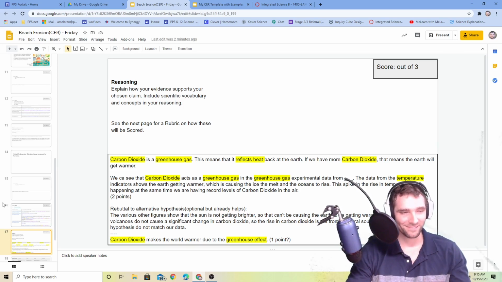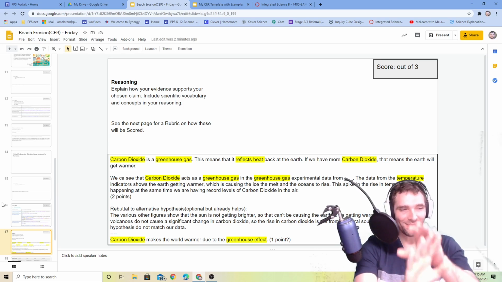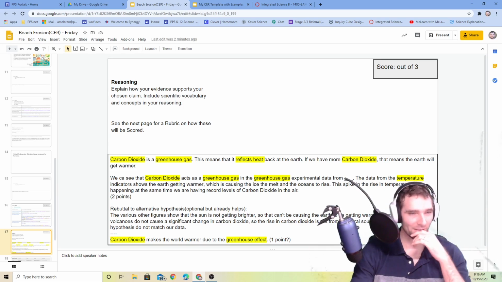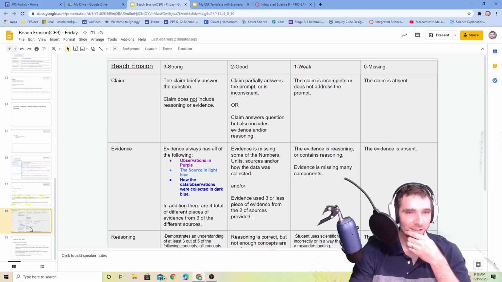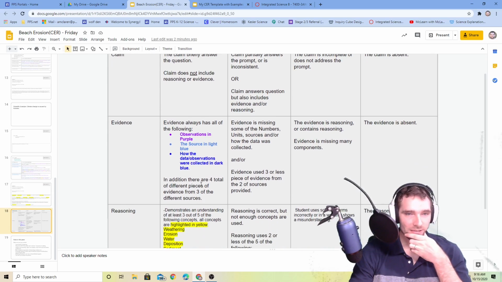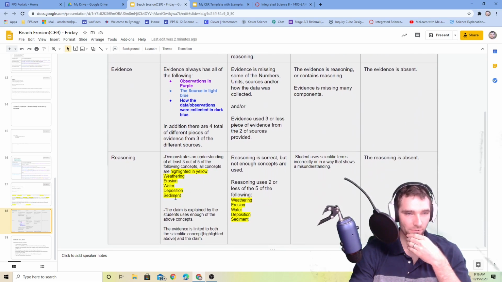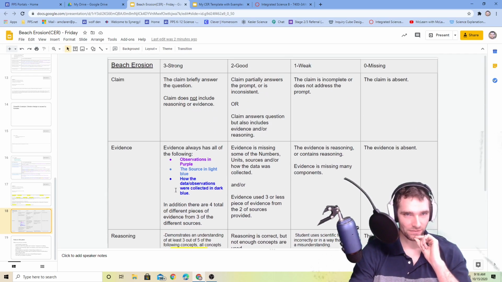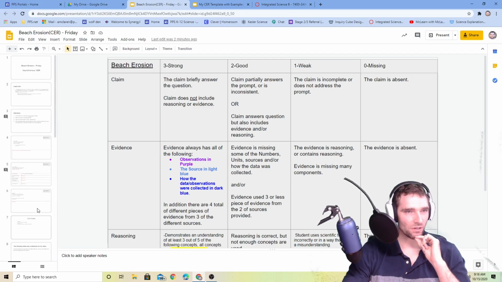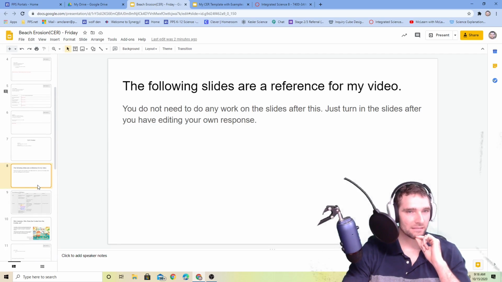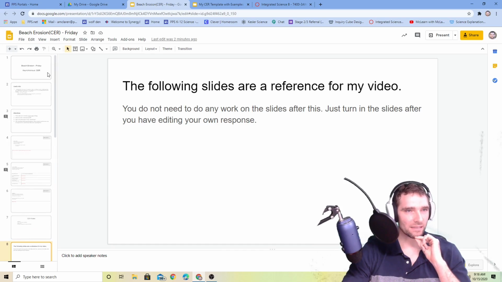So I'm gonna wrap this all up, and we're gonna look at the final rubric that you have for the prompt for today. This is your final rubric. I think it's on slide 18 right now, and I'll try and link it for you.